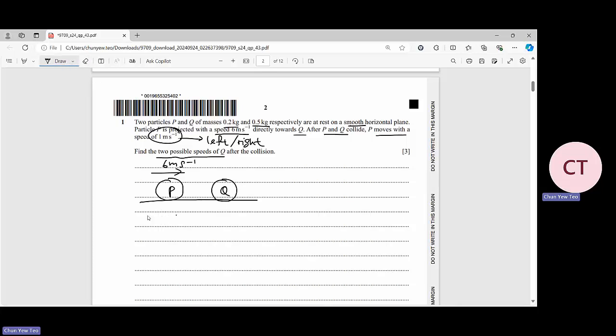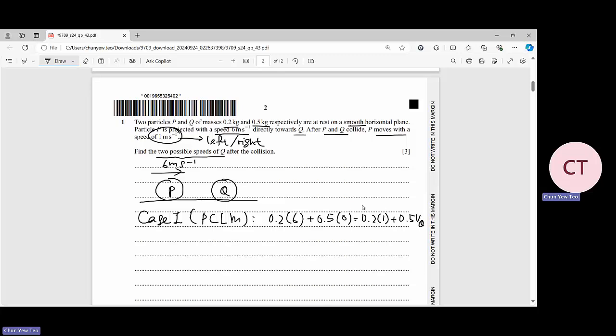We have case number 1. By the principle of conservation of linear momentum, we have mP uP plus mQ uQ is equal to mP vP plus 0.5 vQ.